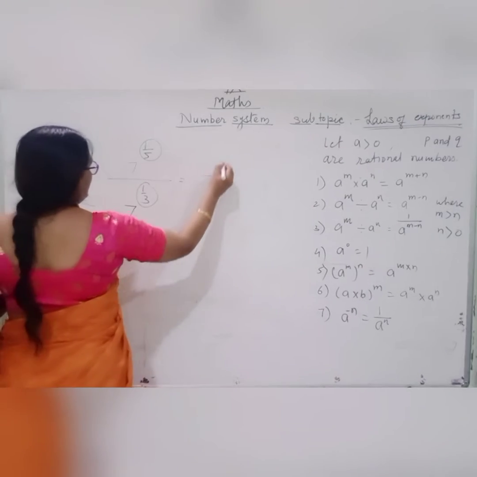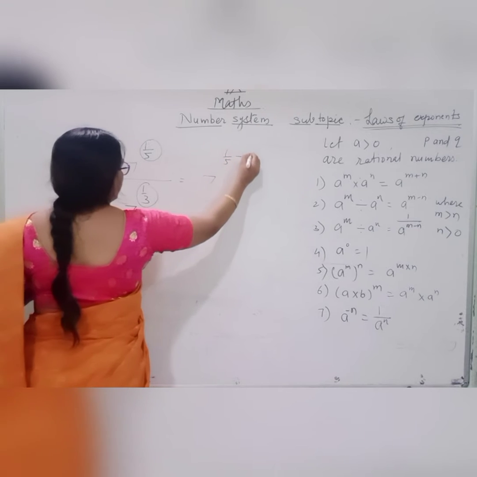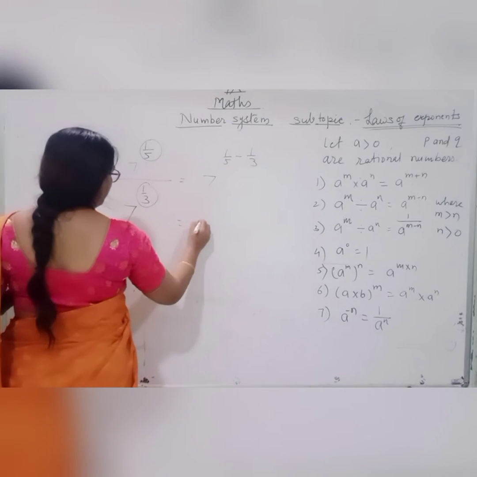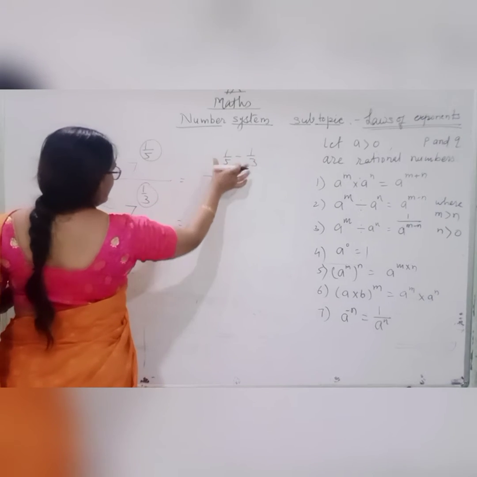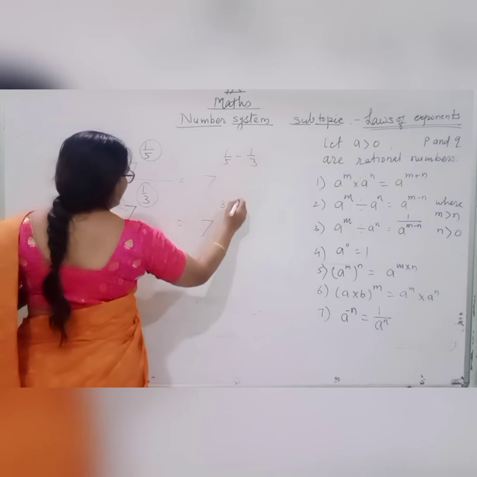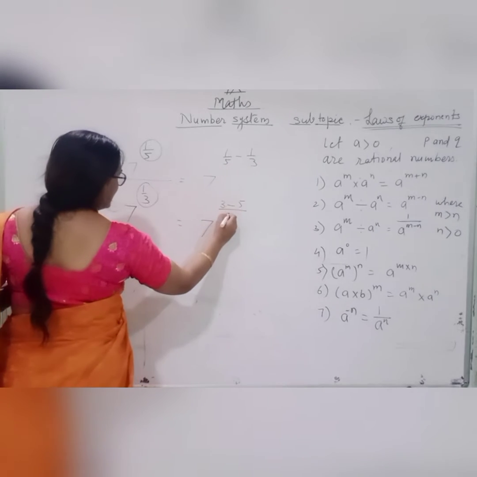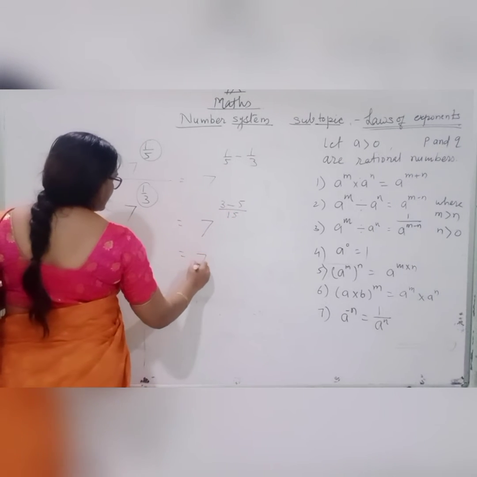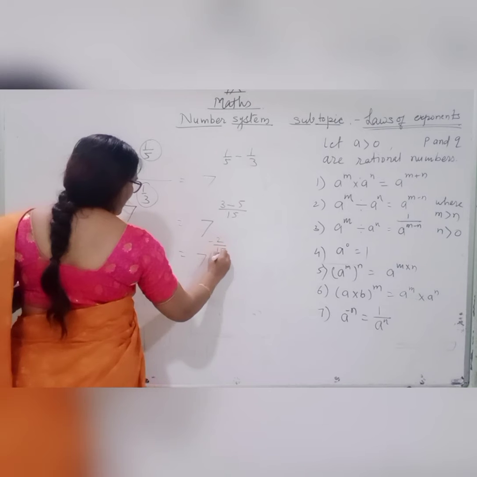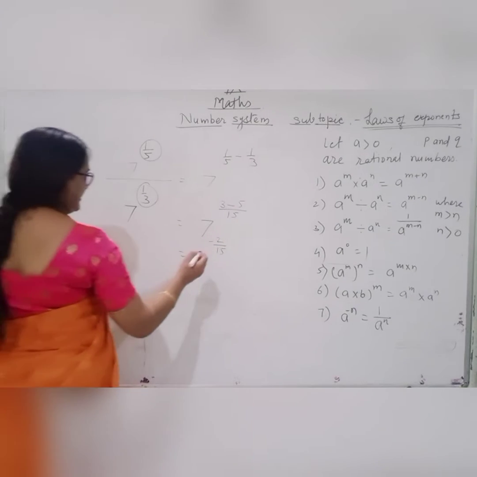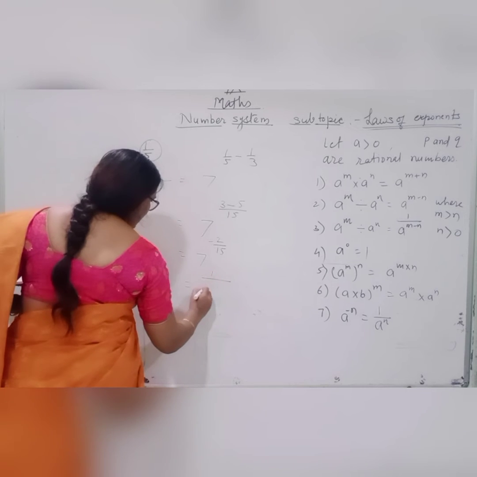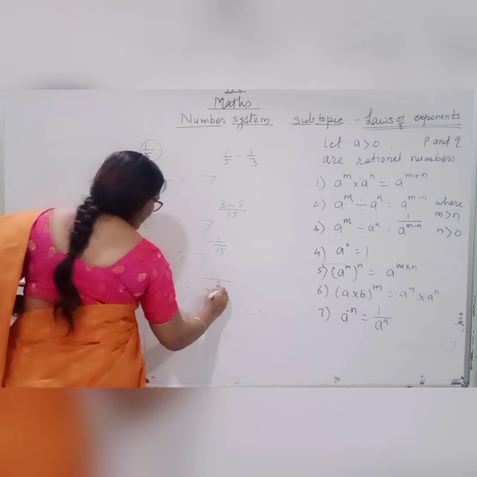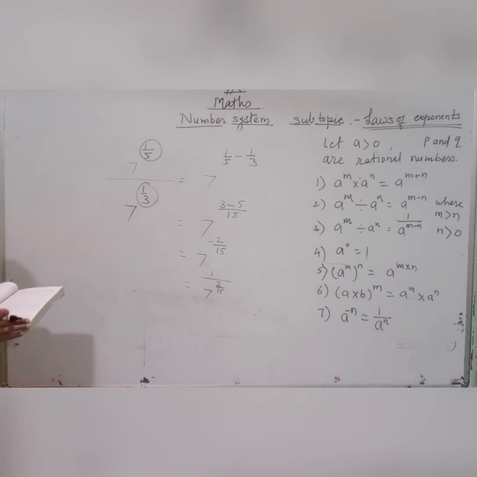So 7 raised to the power 1 upon 5 minus 1 upon 3 is equal to 7 raised to the power 3 minus 5 divided by 15, that is 7 raised to the power minus 2 upon 15. You can write this as 1 upon 7 raised to the power 2 upon 15. Isn't it? One more example you want?